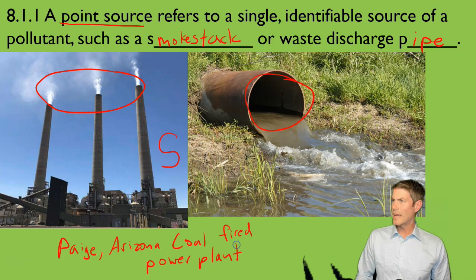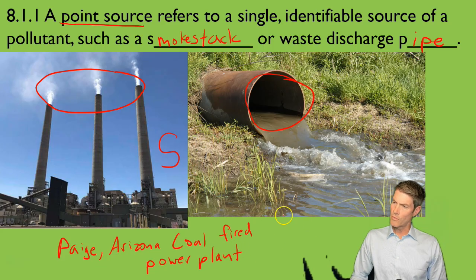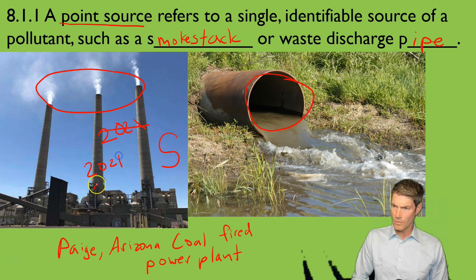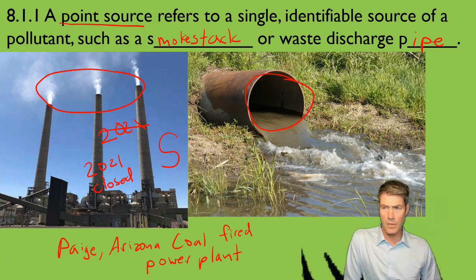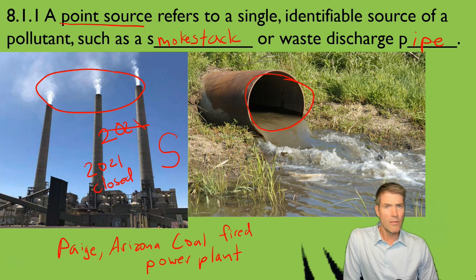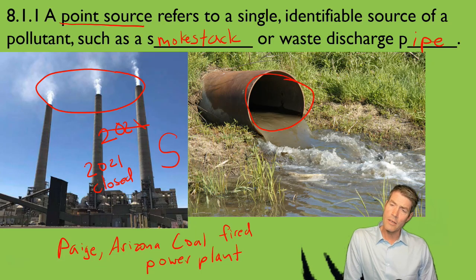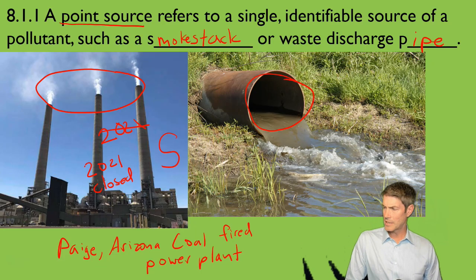So this was shut down, I believe in 2021. That was horrible handwriting. 2021, it was closed. Okay, and these smokestacks were demolished a couple of years ago, I believe. And remember, we used to have more coal-fired power plants out west, but it has been really phased out.